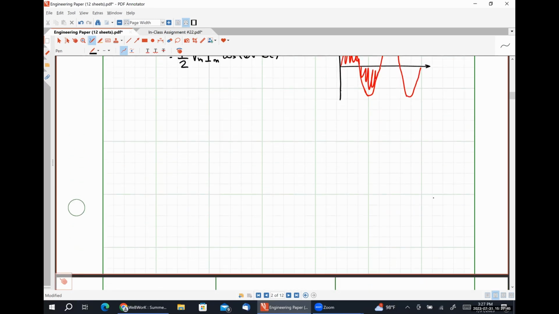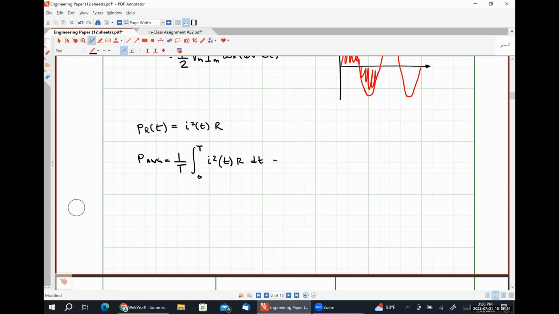So let's say, just for the sake of argument, since we're dealing with a resistor, the instantaneous power absorbed by a resistor is just going to be the current squared times the resistor value, which means the average power is going to be 1 over the period times the integral over 1 period of I squared times R dt.